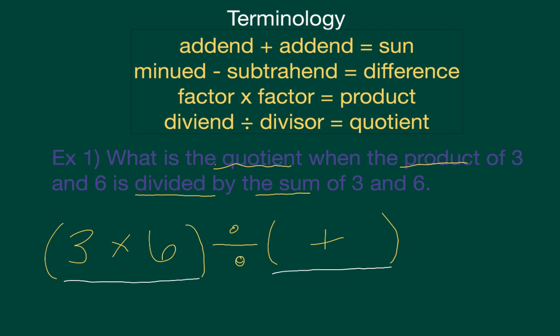The sum of 3 and 6. So we use the underlined words to create our problem. And now we just solve it. What is 3 times 6? 18. Divided by 3 plus 6, which is 9. 18 divided by 9 is 2.